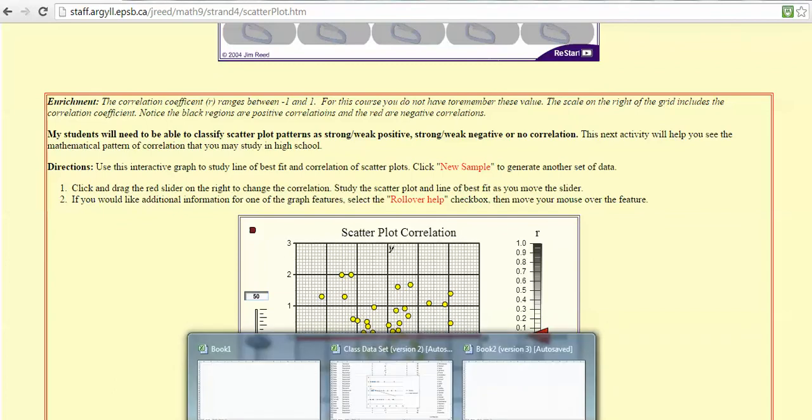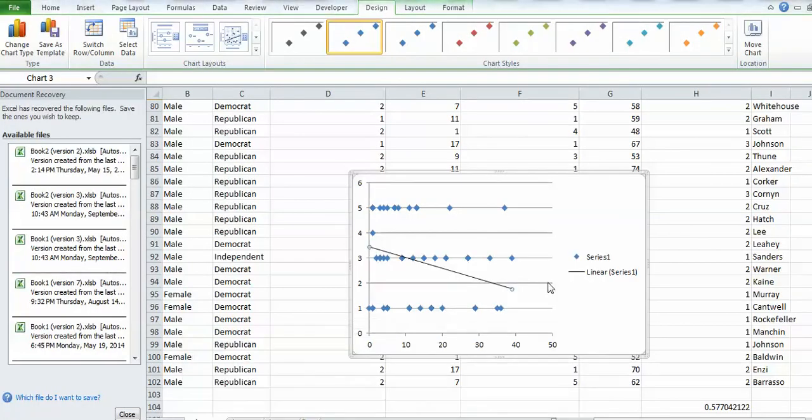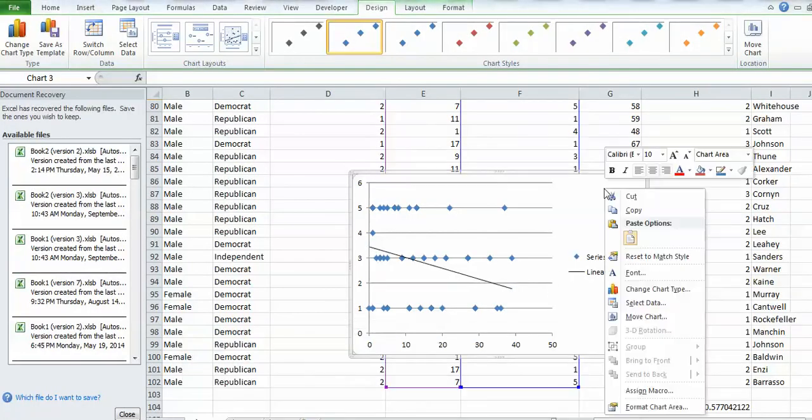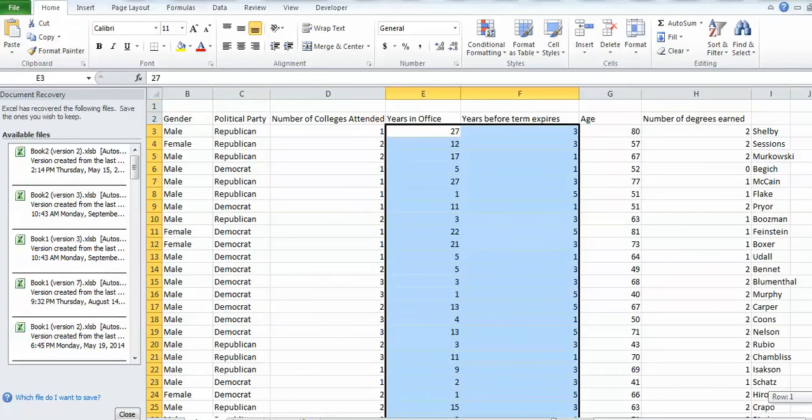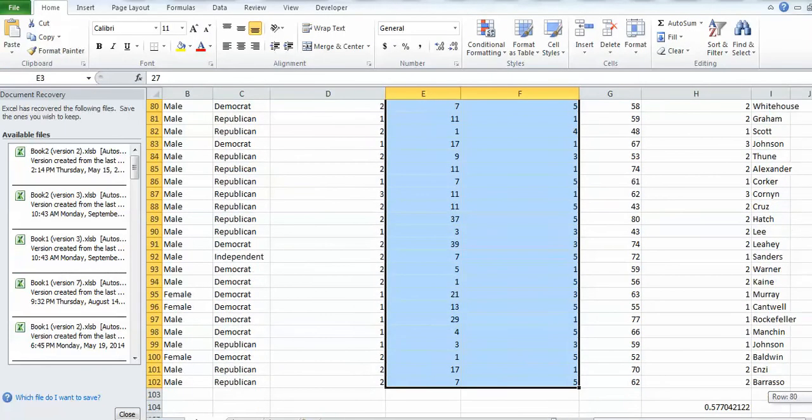We could calculate the correlation coefficients with some of our examples. For example, let's do it for years in office and years before term expires.